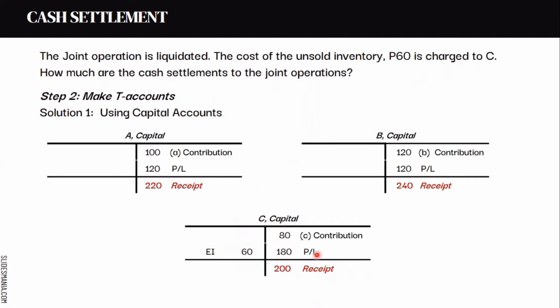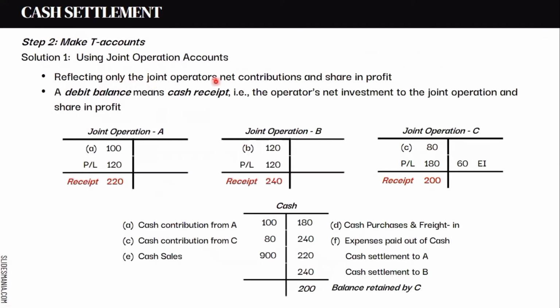As for the joint operation account, this reflects only the joint operator's net contribution and share in profit. So our cash receipt here in the joint operation account is in the debit balance. Okay?